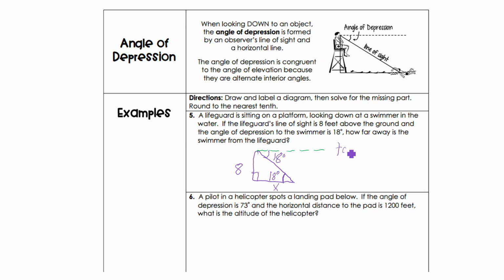So tangent of 18 degrees equals 8 over x. So x tan 18 is 8, so x equals 8 divided by tan of 18 degrees. Punch that into your calculator, and it should give you about 24.6 feet.